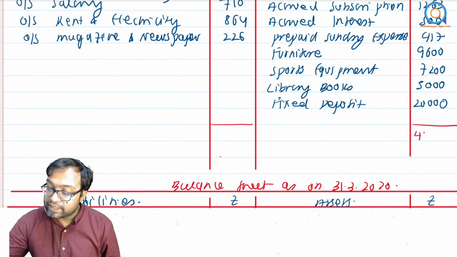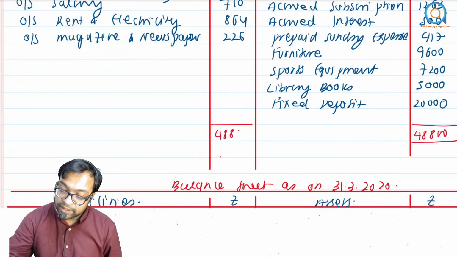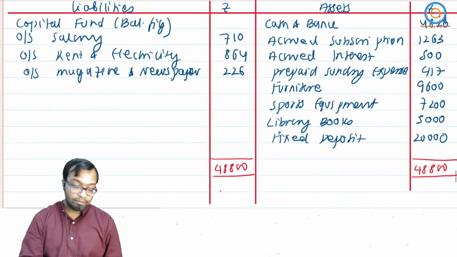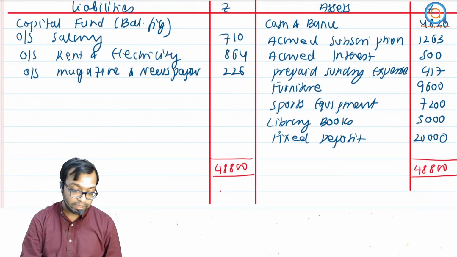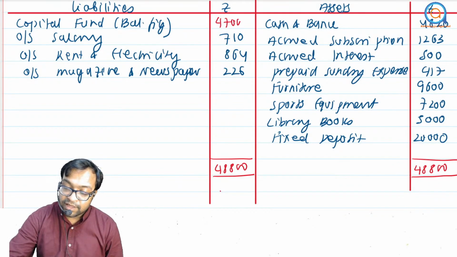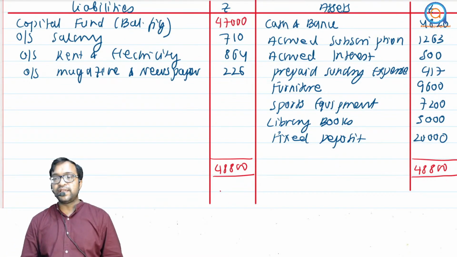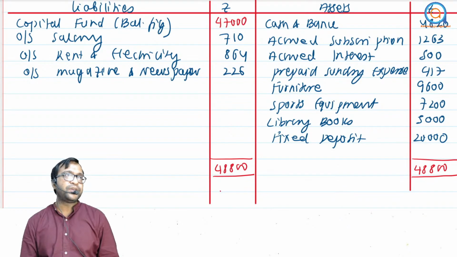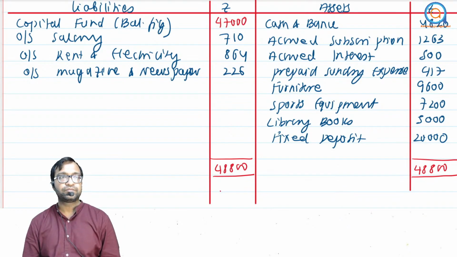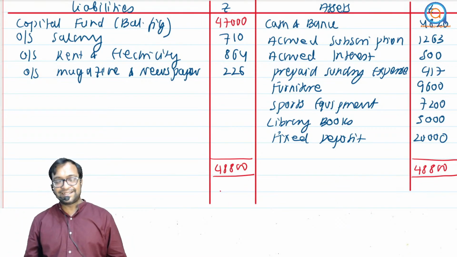This is 48,800, minus 710 minus 864 minus 226. Wow, 47,000 is your opening capital fund. Sir, done, sir, done.